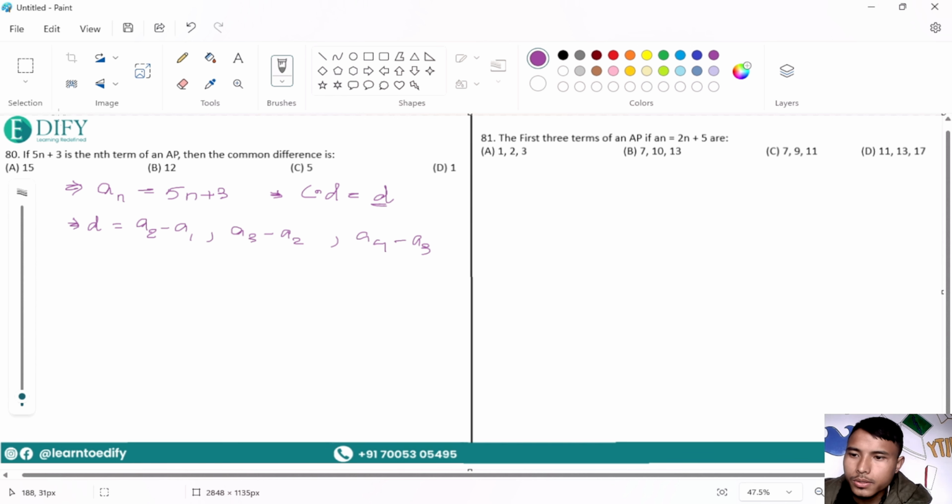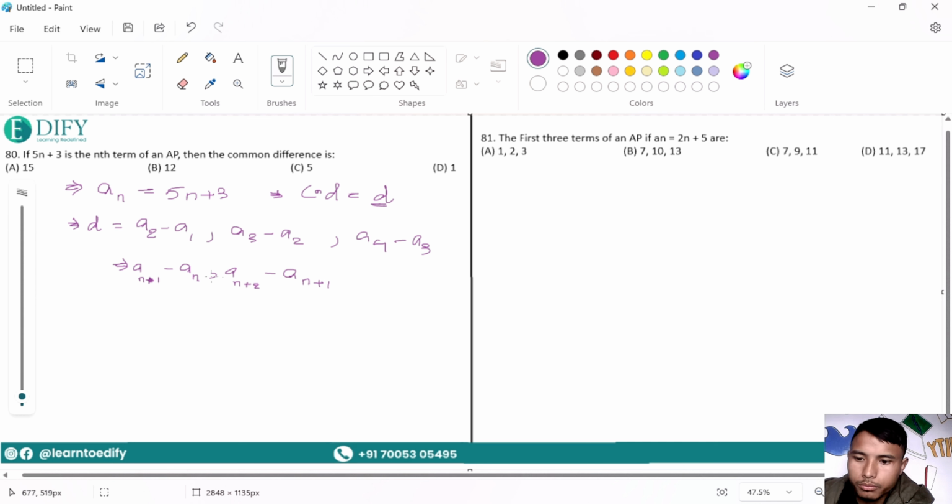Here we use an. Let's say a1 is an. Then what about a2? It becomes an plus 1. Similarly, a3 becomes an plus 2.